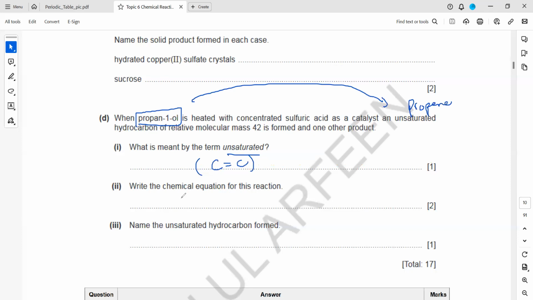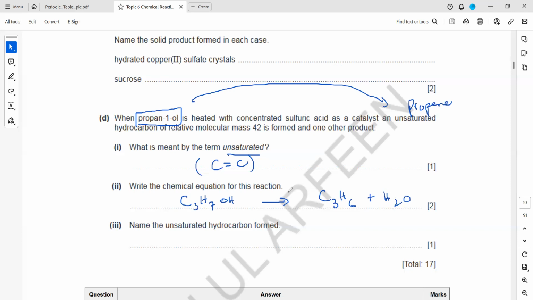Write a chemical equation for this reaction. So propanol means C3H7OH, and we use concentrated sulfuric acid as a catalyst. As a result, it will produce C3H6, propene, plus H2O.